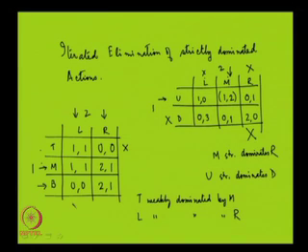So, we are left with these 2 action profiles, MR and BR, and you can see that both of them are Nash equilibria.